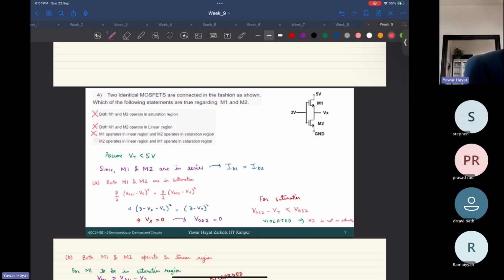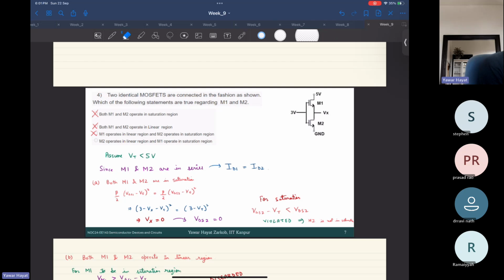We need to show that M2 operates in linear region and M1 operates in saturation region. For that, what do I need to prove? I want you to answer this because that way you will understand this better. Ramaya, any idea? How should we proceed? No, sir.